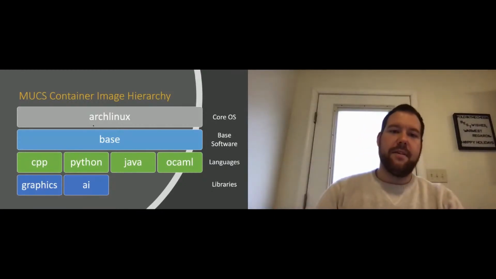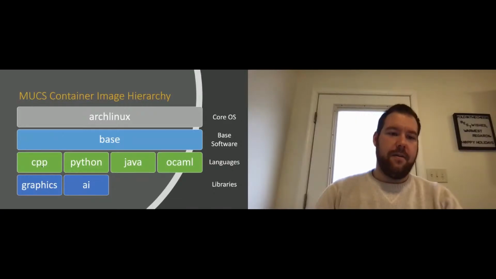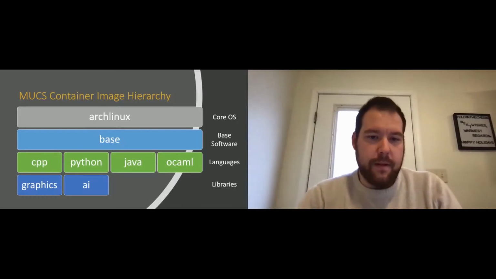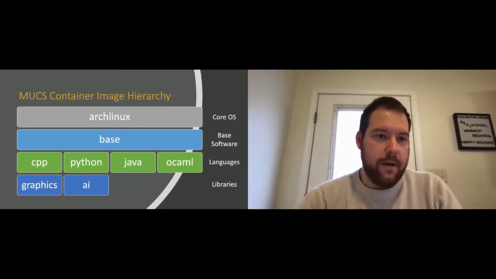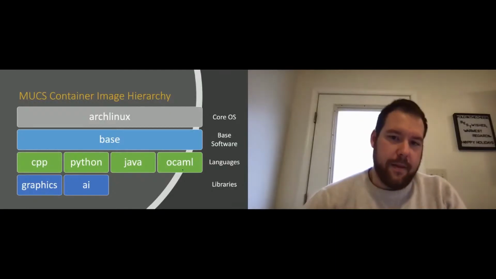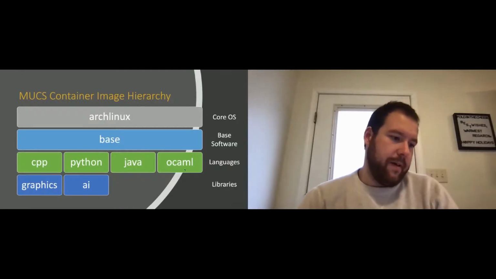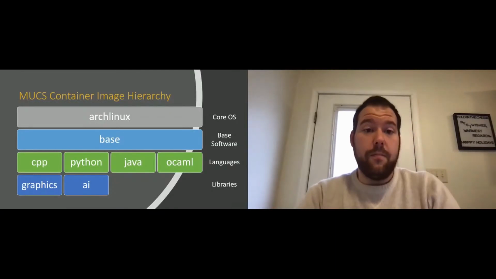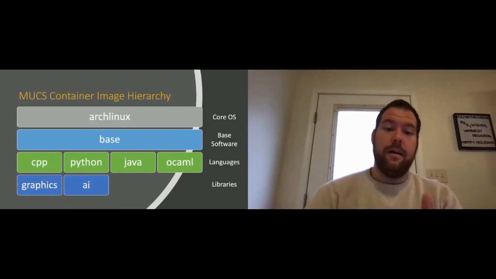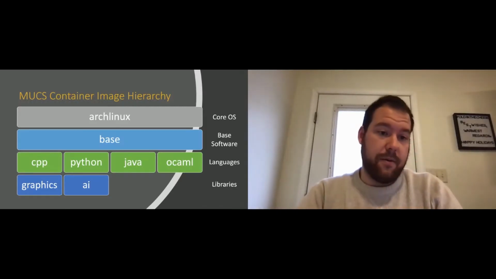They have this shared base, and then they're only going to pull down the additional Docker image for C++ development, and then the additional Docker image for OCaml development. So they don't need to pull down everything. It's only the additional components. So there's space saving happening with containerization as well.